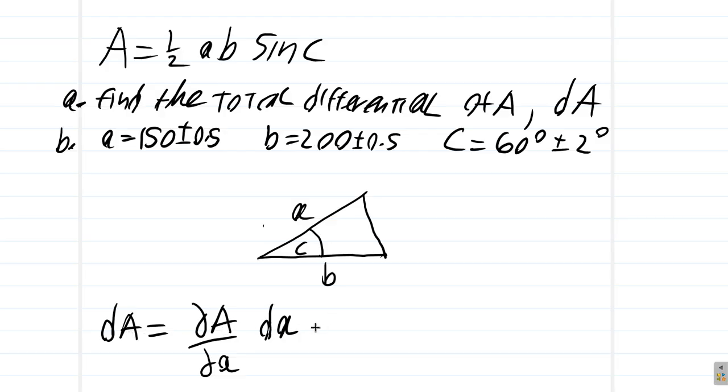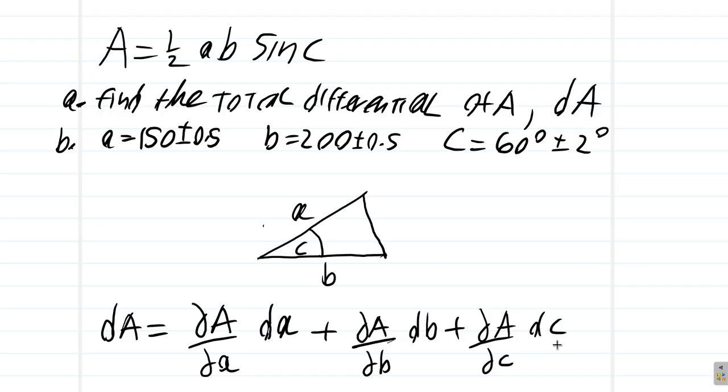But this would still be a small change in a, plus the partial derivative of the area with respect to the length of the side b times a small change in b, plus the partial derivative of the area with respect to the angle C times a small change in C. So for part a, that's what we have there, the total differential.